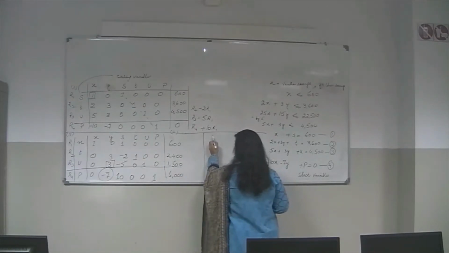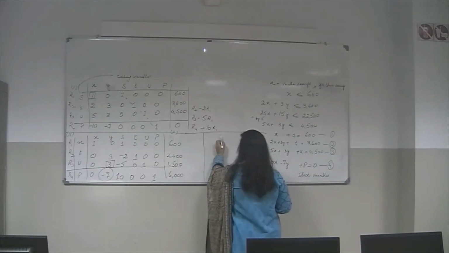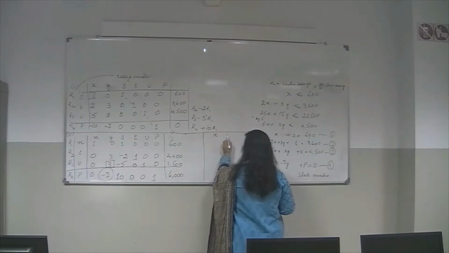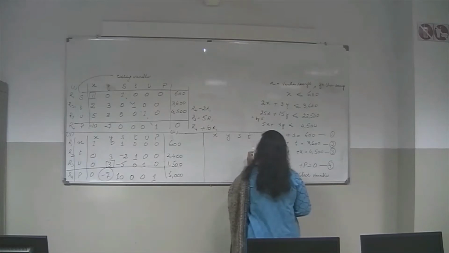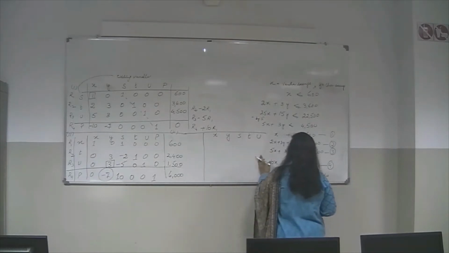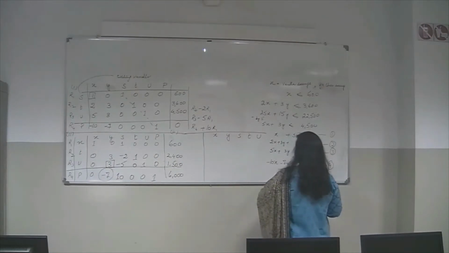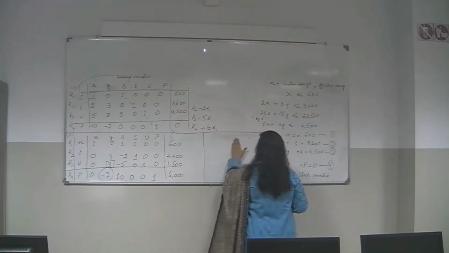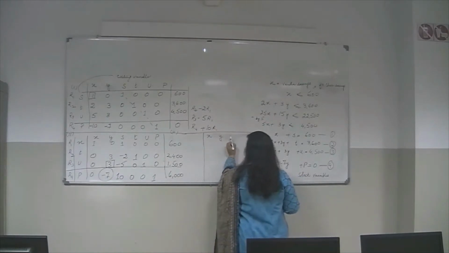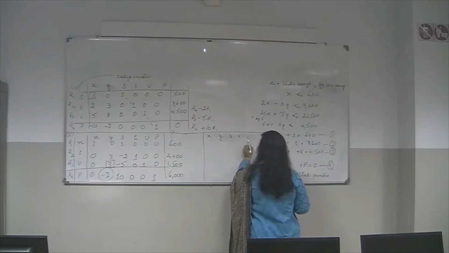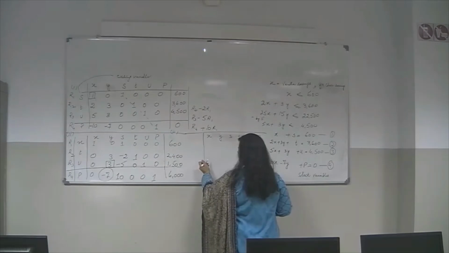Okay, again I write this as X, Y, S, T, U and P. So now I remove these for the time being, or maybe I can just adjust them a bit. S, Y, S, T, U, and P.